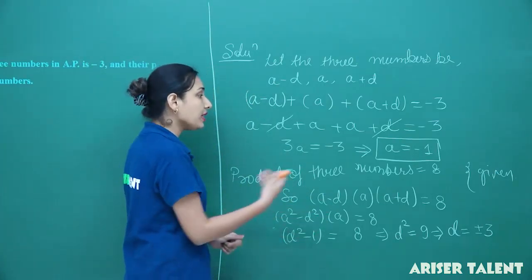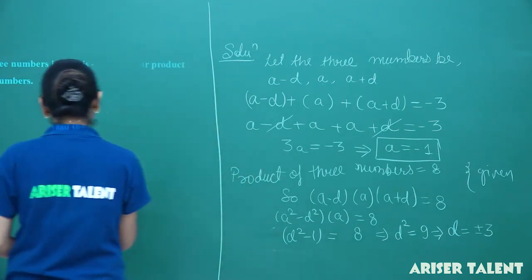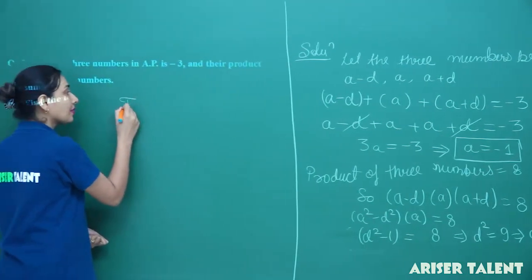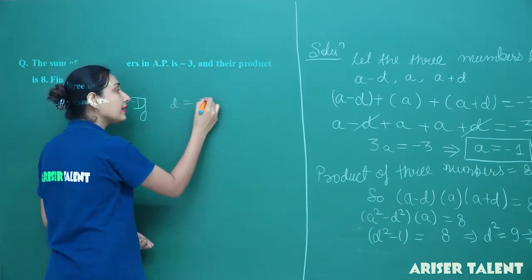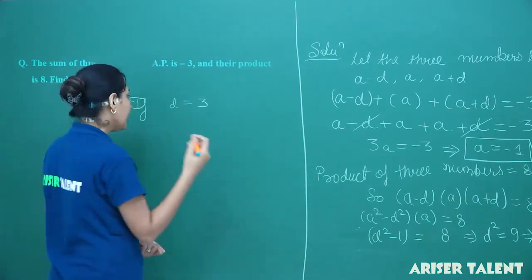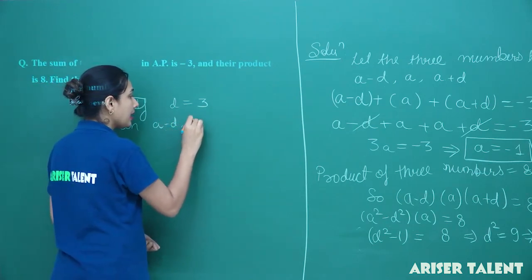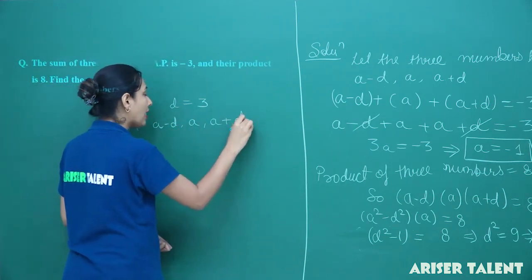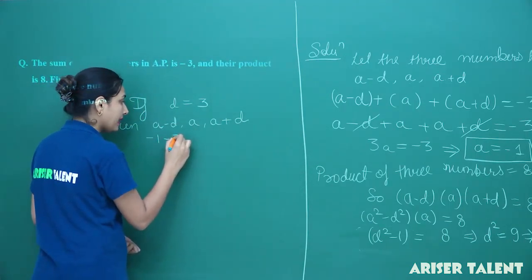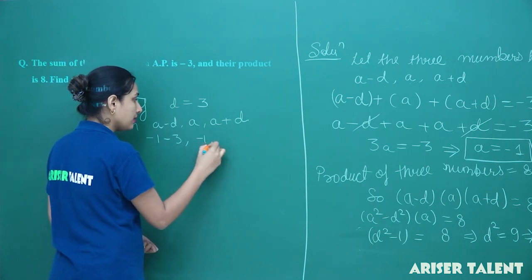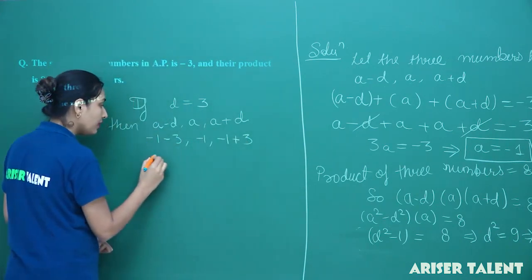Now, if plus 3, then what? If minus 3, then what? We have to find the numbers. So come here, this side: if D equals 3, the difference equals 3, then A minus D, A and A plus D. Now the value of A is minus 1. So minus 1 minus D, minus 1, and minus 1 plus D. So what will it give you?